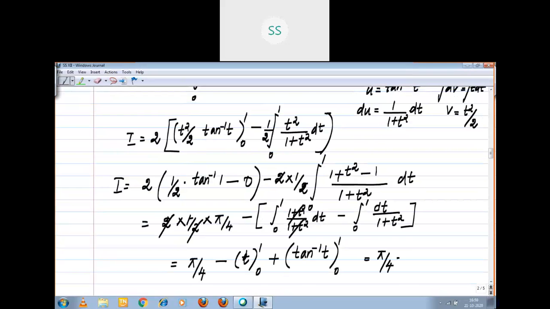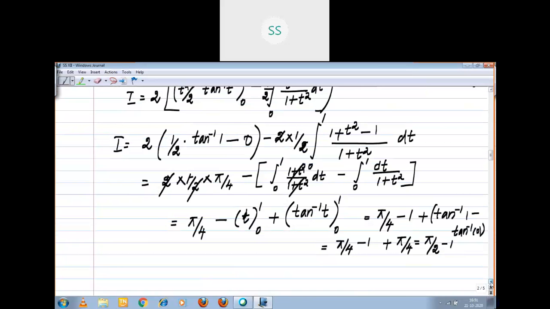So pi by 4 minus 1, upper limit minus lower limit 0, plus tan inverse 1 minus tan inverse 0, which is equal to pi by 4 minus 1 plus pi by 4, which is pi by 2 minus 1.